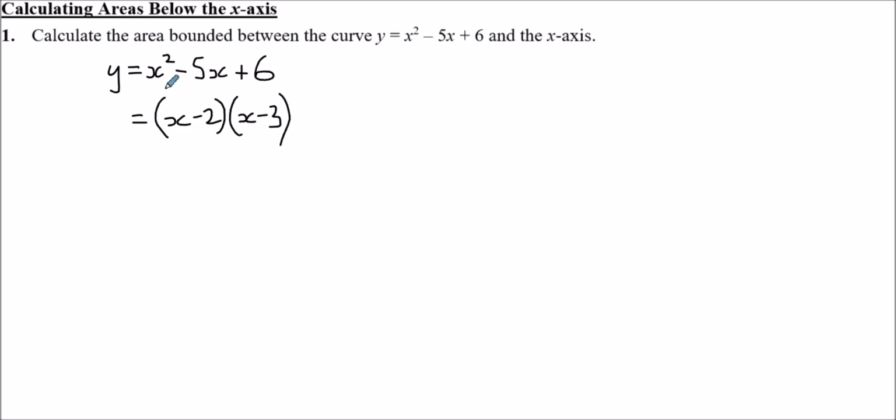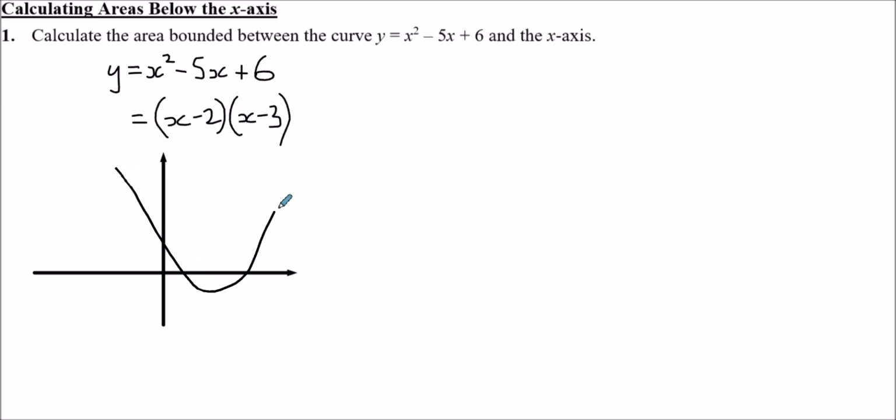And so if we were to sketch y equals (x - 2)(x - 3), we'd have something that looks a bit like this. Now, again, I do apologise for my awful curve sketching ability. Here goes nothing. Absolutely awful, but please do forgive me.